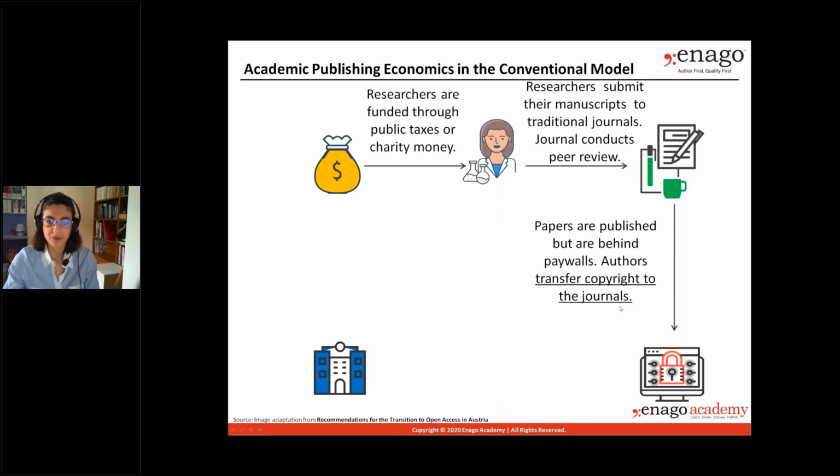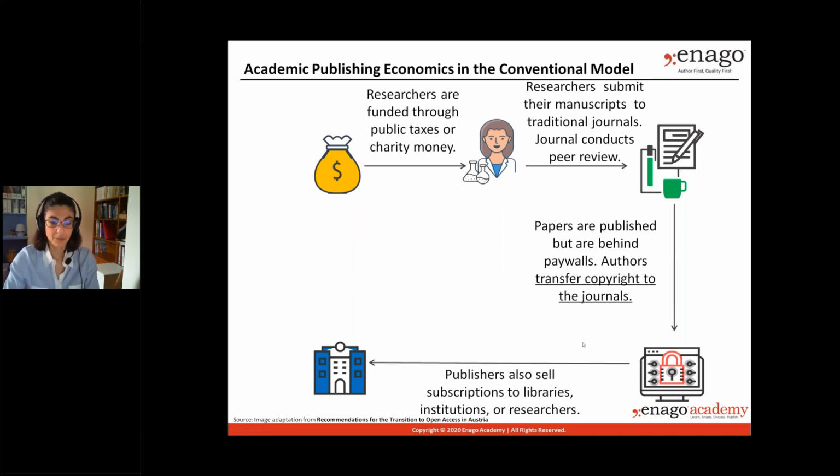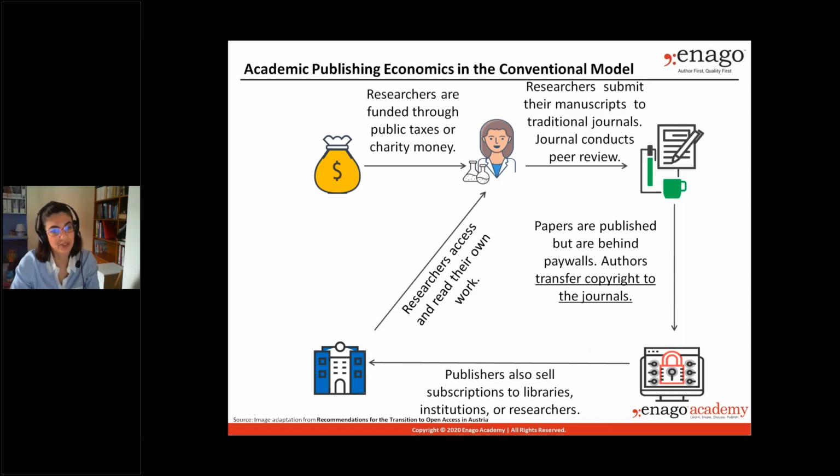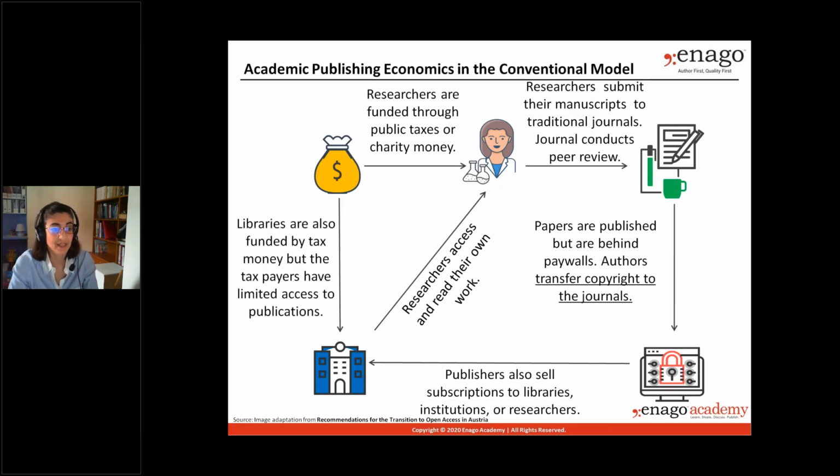So authors transfer copyright to these journals. Publishers also sell subscription to library institutions or researchers, and then researchers access and read their own work.